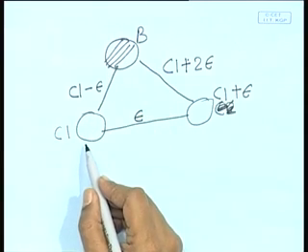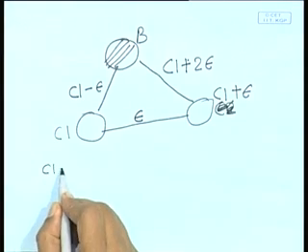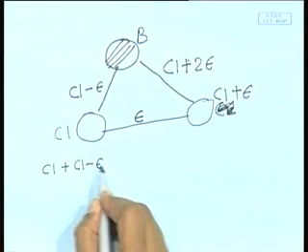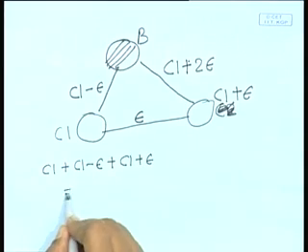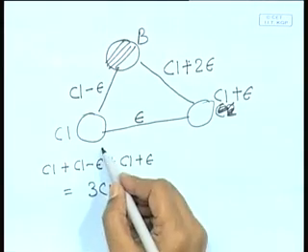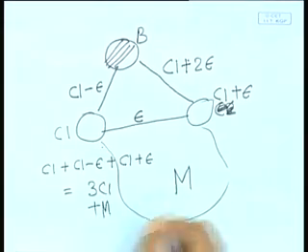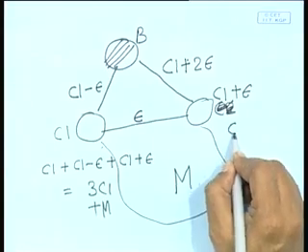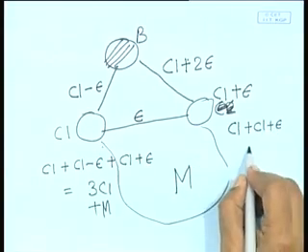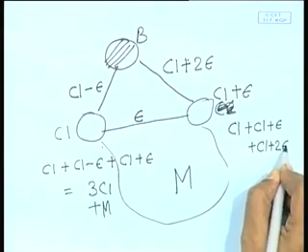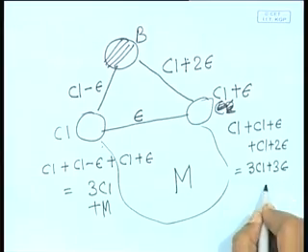So the time value that this clock gets is C1 plus C1 minus epsilon plus C1 plus epsilon. So this becomes 3 C1, and we have other clocks of course, which have a constant time value that is transmitted, plus m. And this one gets C1 from here plus C1 plus epsilon its own time plus C1 plus 2 epsilon. So this is 3 C1 plus 3 epsilon plus m.